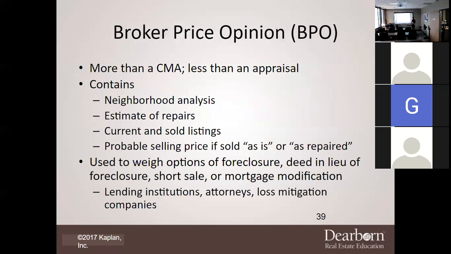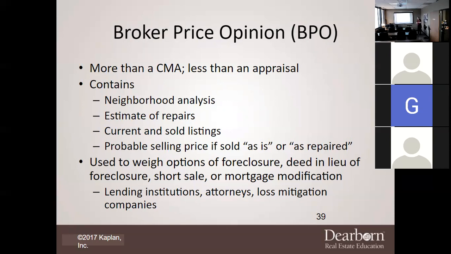We also talked about the broker price opinion, so I'm going to go through this very quickly because it's very similar, if not the same, as a CMA. The only difference is that it is a little more than a CMA, but less than an appraisal. The reason is it's going to contain the neighborhood analytics, the estimate of any repairs to the property, the current and sold listings, as well as the probable selling price if sold as is or as repaired.